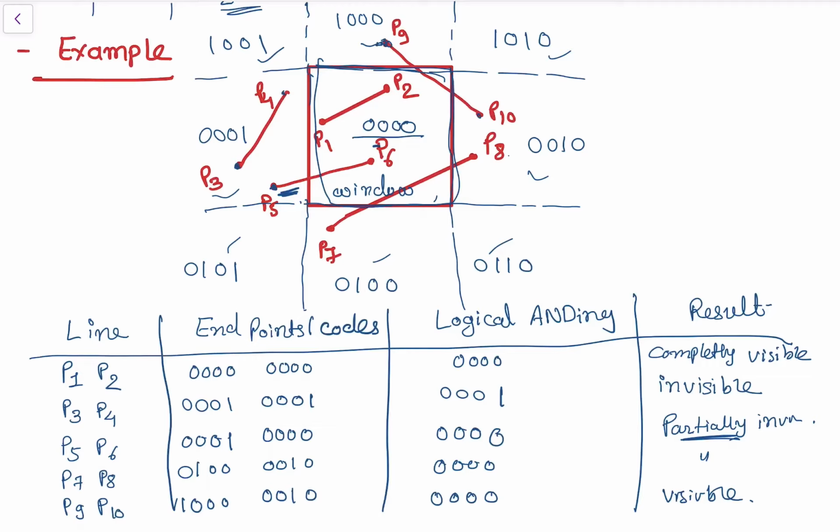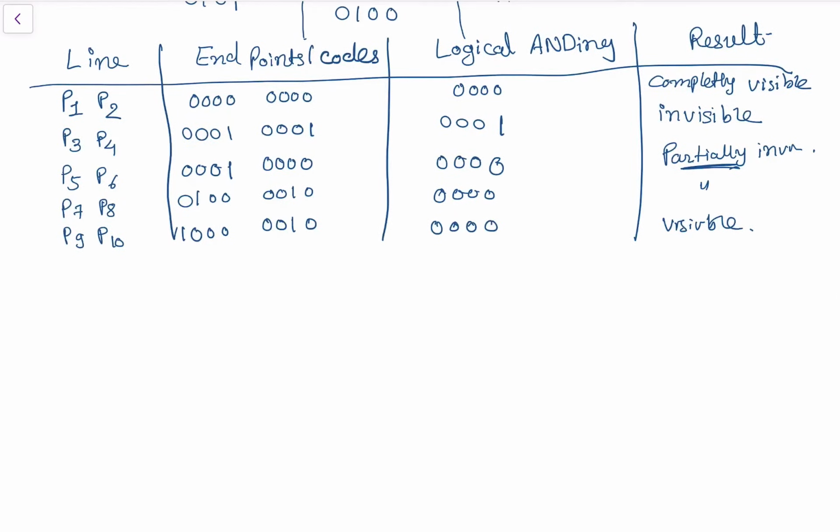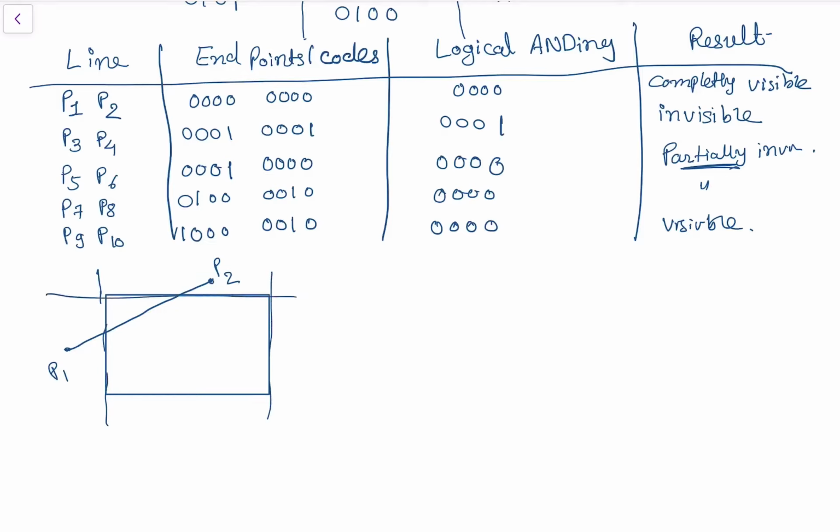Now we can see that suppose this is the line P1 and P2. So let's make one diagram and draw the line P1 and P2. Suppose these are the points P1 and P2, right? They may be in different regions, that is the left region and the above region.